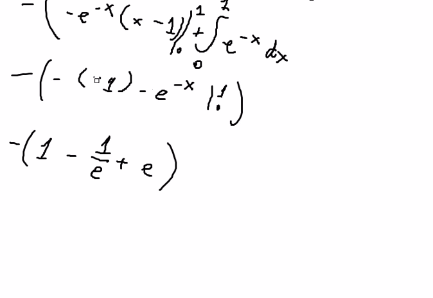This one is positive. So you should get negative number 1 in here. If we put this one, you get positive. So we cancel this one with this one, and you get 1 over e.